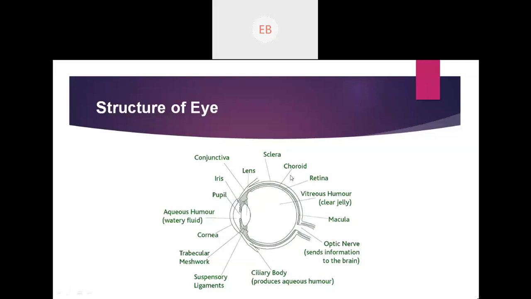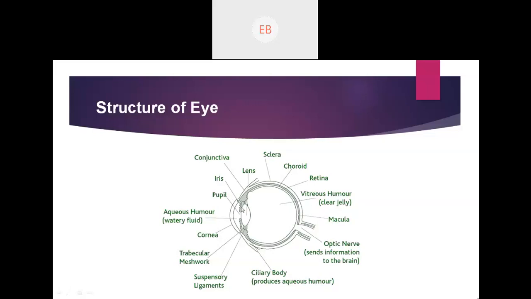The choroid is divided into the ciliary body and the iris. So we have three membranes: the cornea, the sclera, and the choroid, and the choroid is again divided into the ciliary body and the iris.